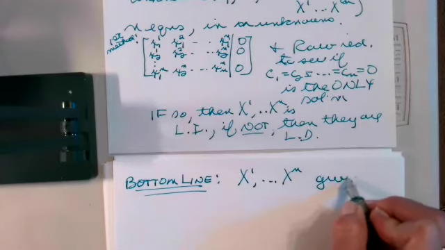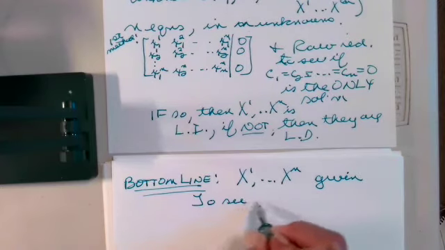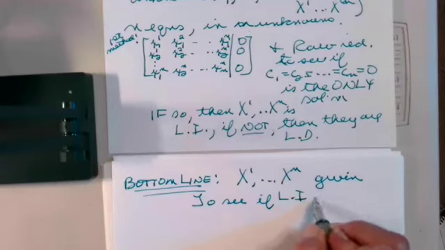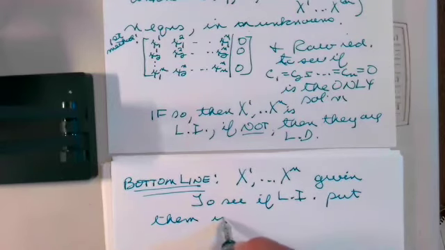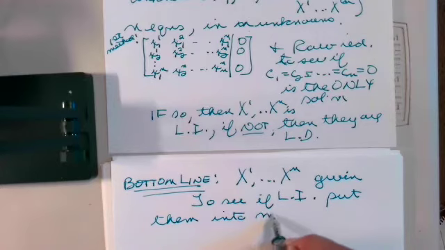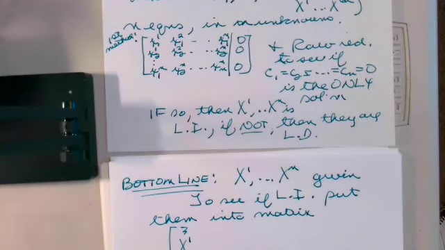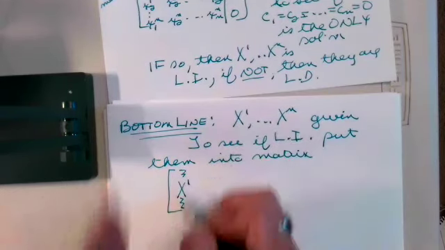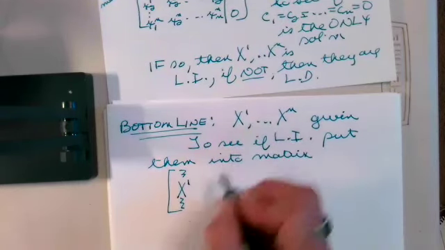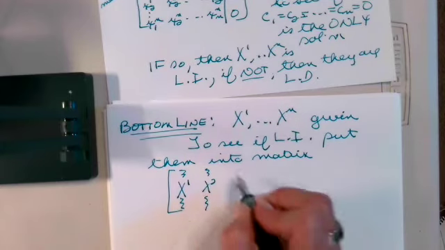How do you tell if they're linearly independent? Put them into a matrix. I put each one in as a column vector, so you stick in x^1 as a column vector, and each one is a column vector.